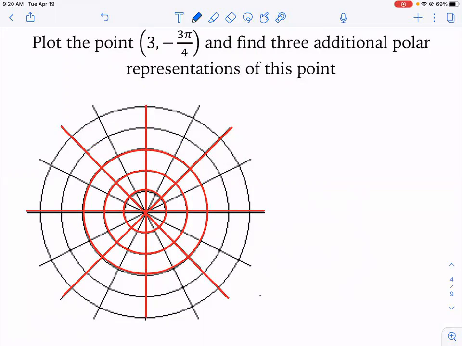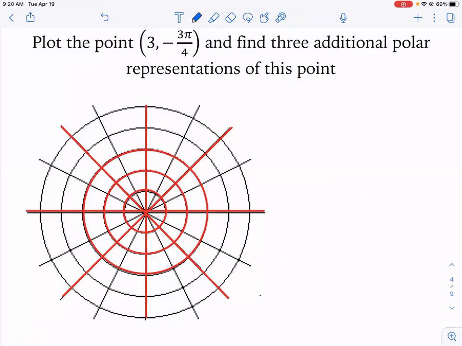All right, so I know that we are getting our coordinates as r comma theta. I understand that. However, I think that to plot these coordinates and to think about these coordinates, it's easier to think about the angle and then worry about how far we are from the origin, okay?